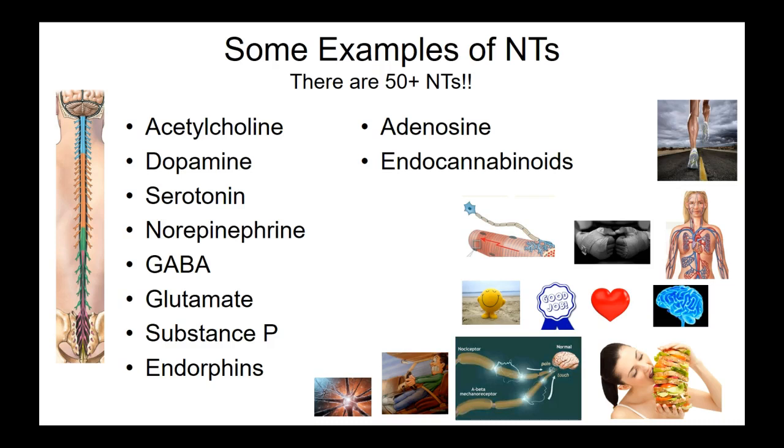Glutamate, for those that maybe remember, glutamate is actually an amino acid too, all right? Glutamate is the main excitatory neurotransmitter in the central nervous system. So we have two that are kind of opposites here. GABA is the main inhibitory neurotransmitter in the central nervous system. Glutamate is the main excitatory neurotransmitter in the central nervous system, excuse me.